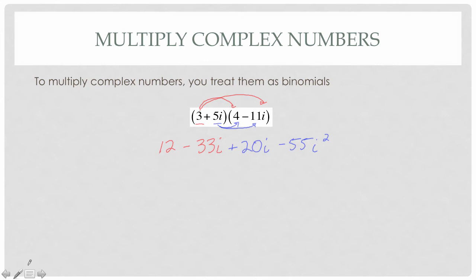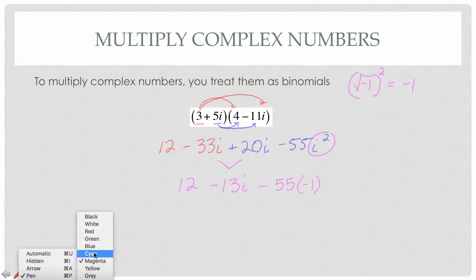Okay, how do I simplify this thing down now? Well, we can combine the middle terms. -33i + 20i gives me -13i. Still got 12 right here. What's going to be interesting is let's see what we can do with this i squared. Since i is just the square root of -1, if I square it, the result is it just becomes -1. So -55 times i squared becomes -55 times -1.